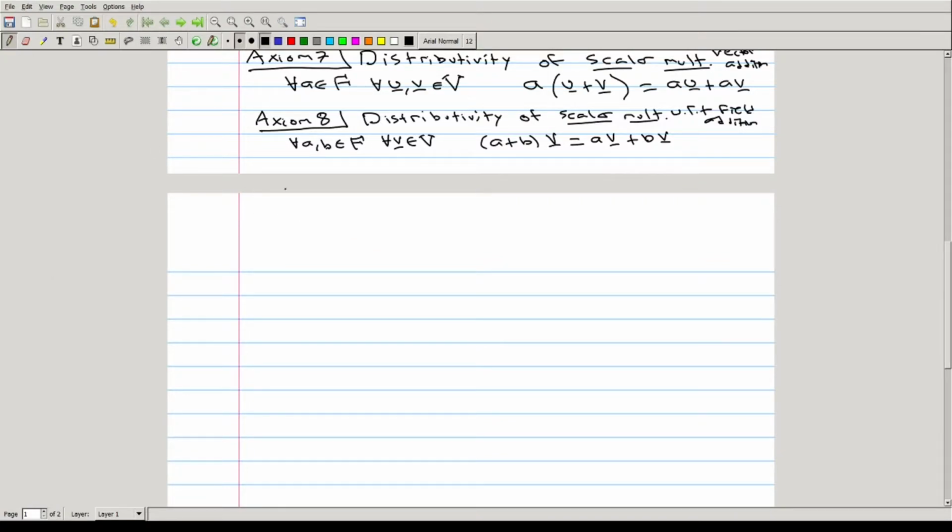But a great example to go through and check that these axioms hold is any n-dimensional Euclidean space Rn. And it's a relatively straightforward exercise to go through and do that.